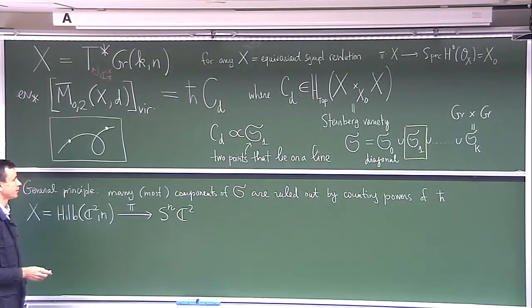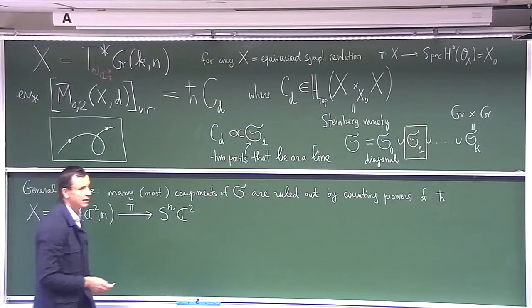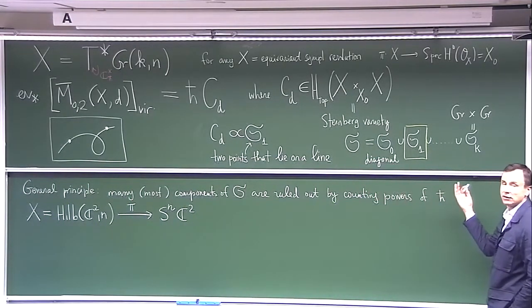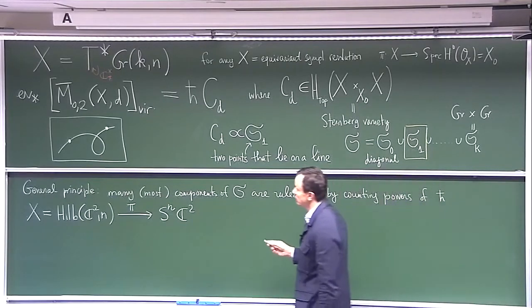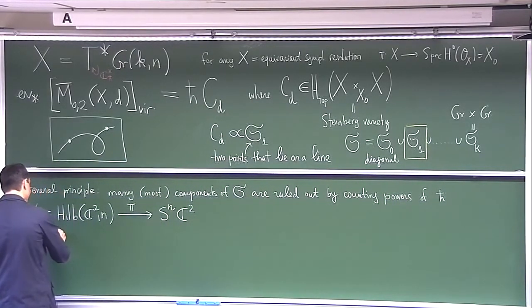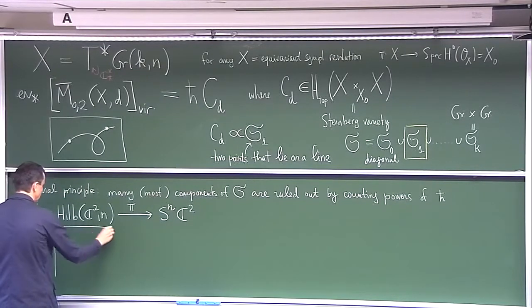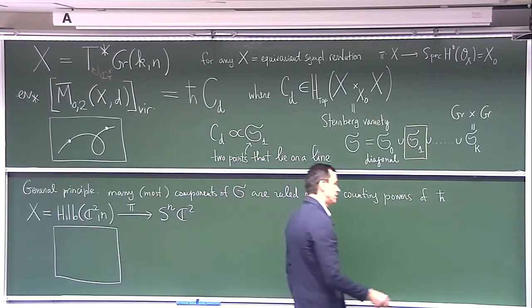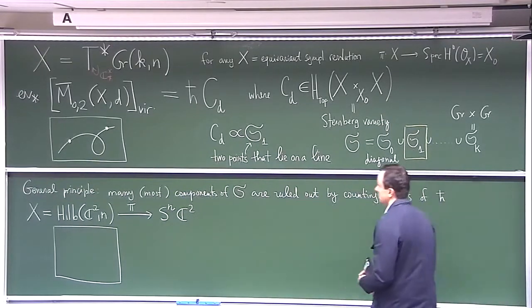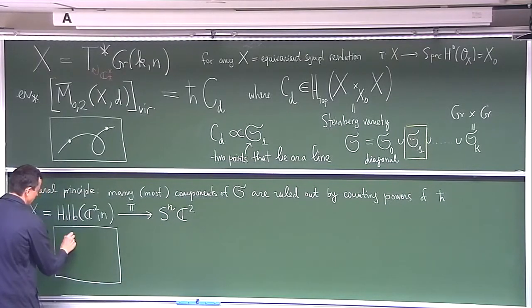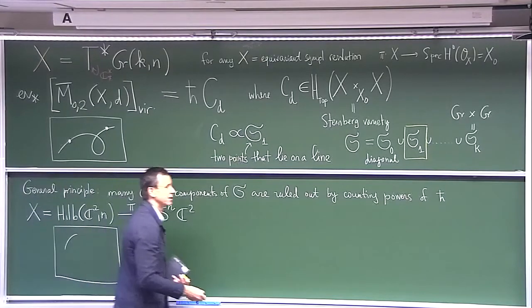Right? And what do the components of the Steinberg variety look like? So maybe I draw a picture. Here I have some subscheme, and I'll draw a subscheme of the kind that if I have like 3 points coming together, maybe I'll draw a curvilinear subscheme.